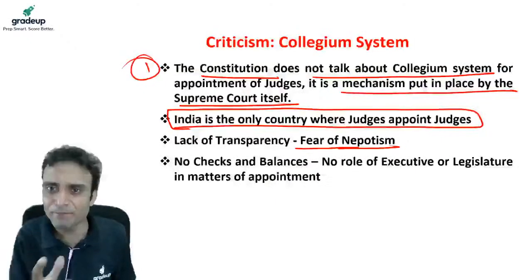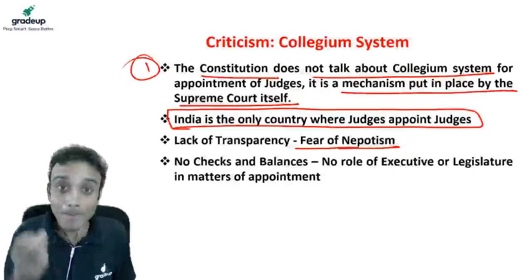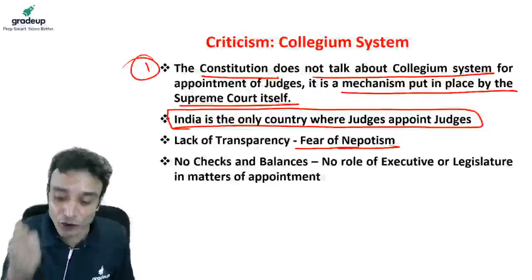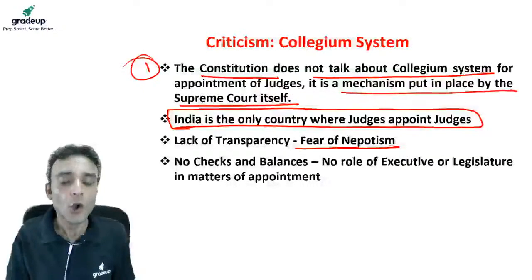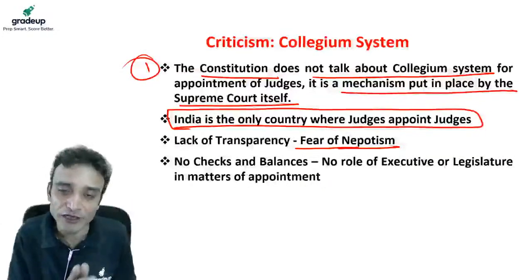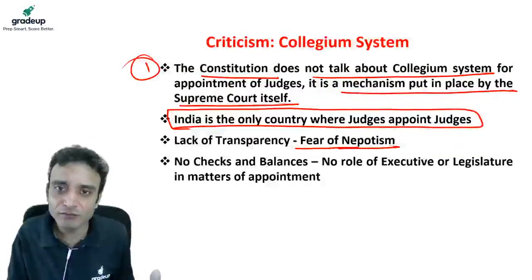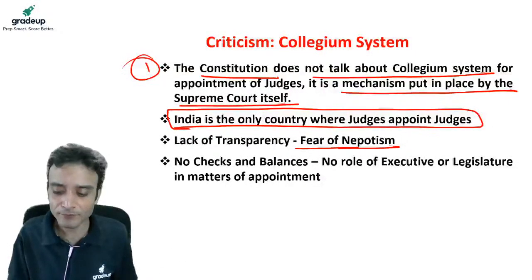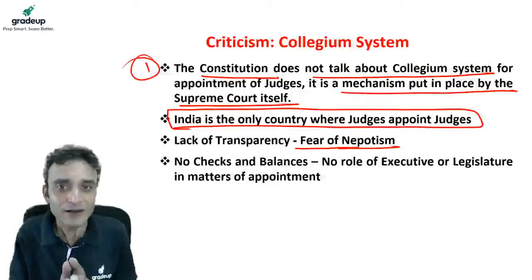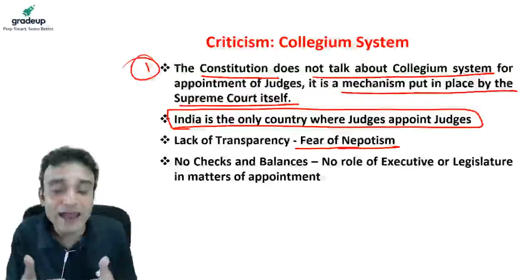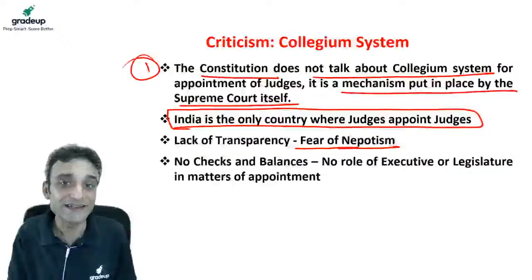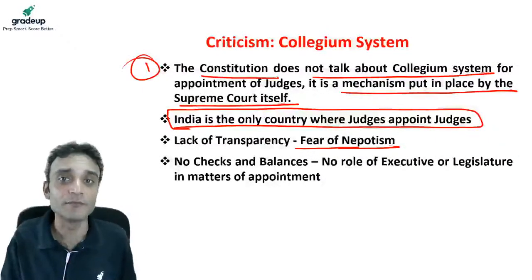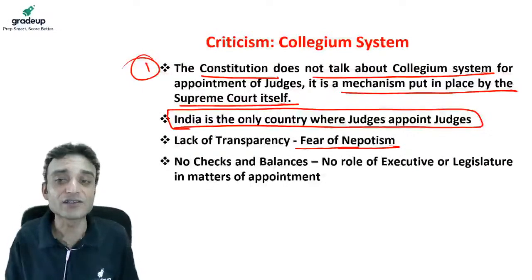Now, what is so important about those families? Because this system is not transparent. Whatever happens inside the Collegium system is not revealed to the outer world. The court covers itself under an iron curtain. There is a lack of transparency and a fear of nepotism insofar as this Collegium system is concerned.